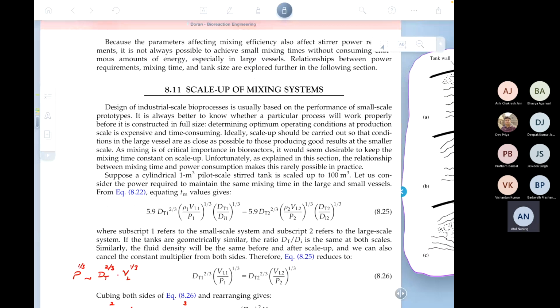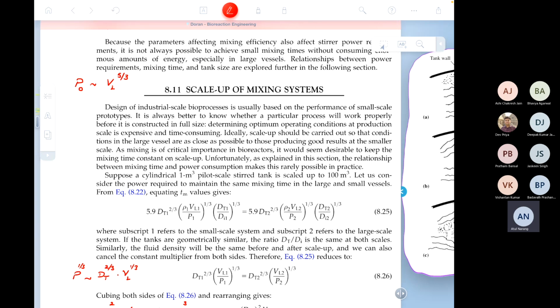What she's basically going to show is the main idea we're getting at in this argument: the power that is required, and she's doing it for ungassed systems, the amount of power you must draw to maintain good mixing, scales as the volume in the reactor to the power 5 over 3.